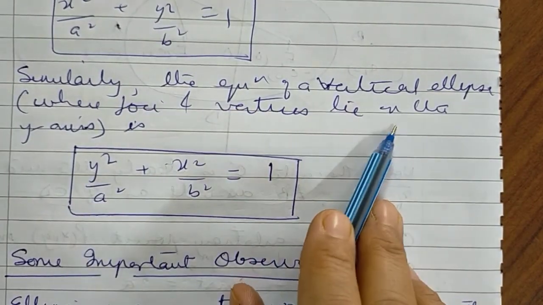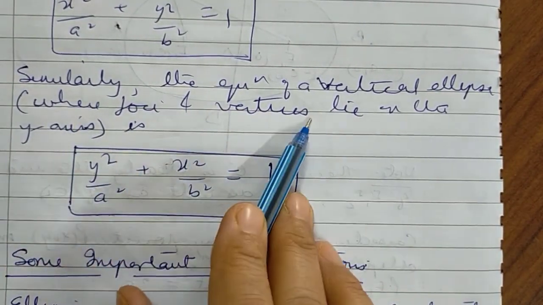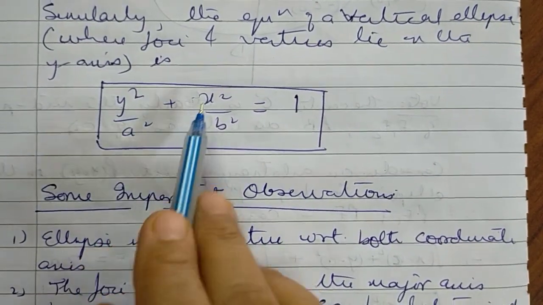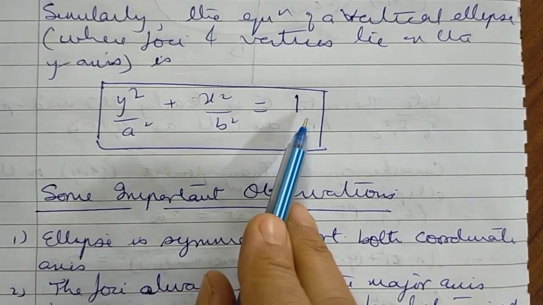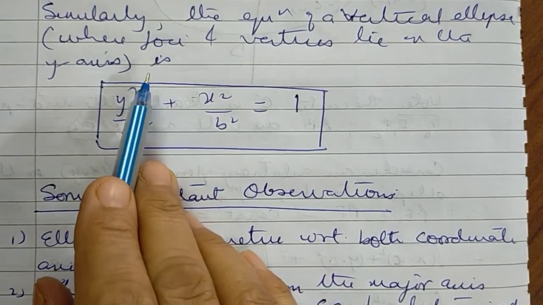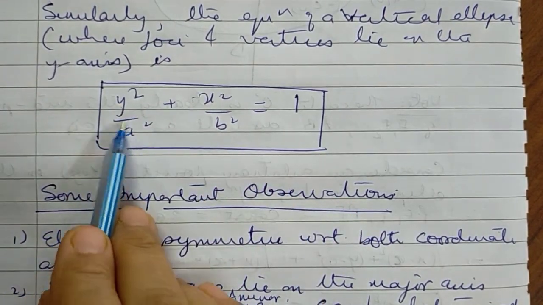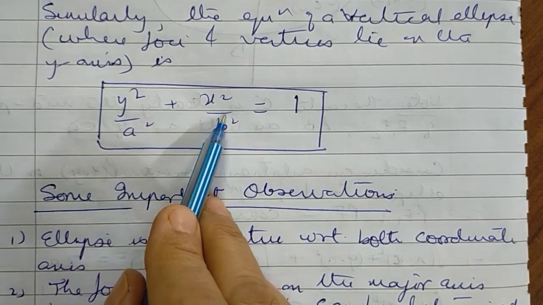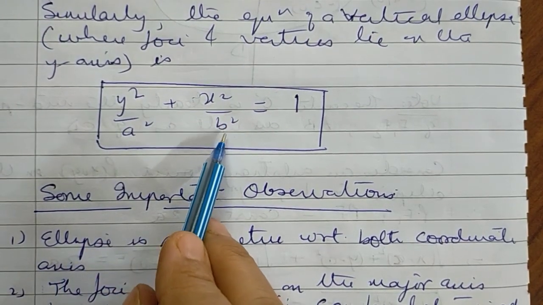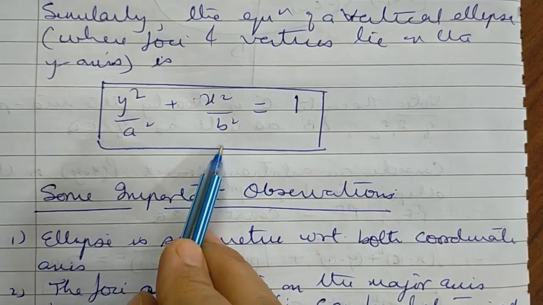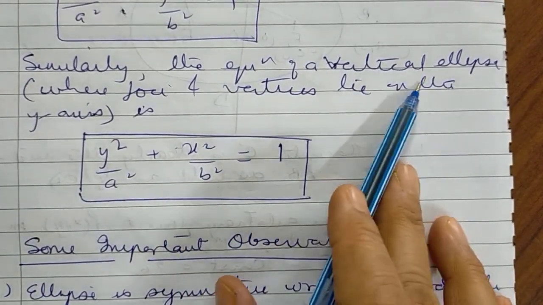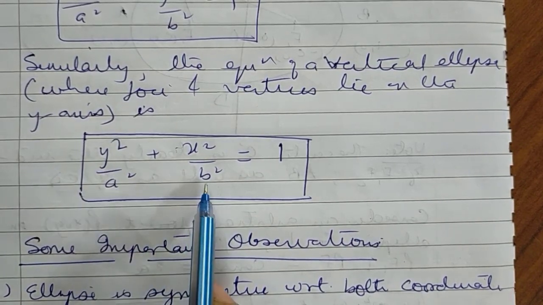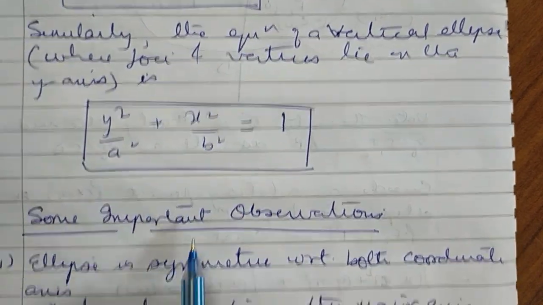Similarly, the equation of the vertical ellipse where the foci and the vertices lie on the y-axis is y squared over a squared plus x squared over b squared equal to 1. That is, the denominator of y squared now is the square of the semi-major axis, and the denominator of x squared is the square of the semi-minor axis, as we know that in case of a vertical ellipse, the major axis is along the y-axis and the minor axis is along the x-axis.